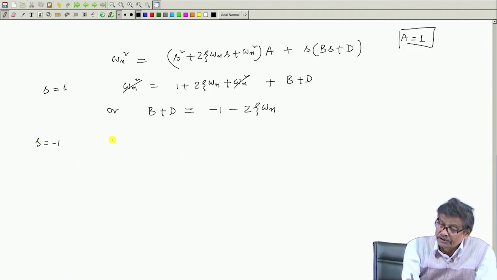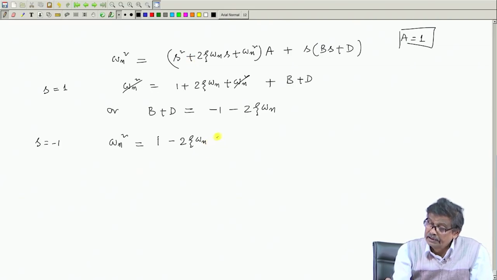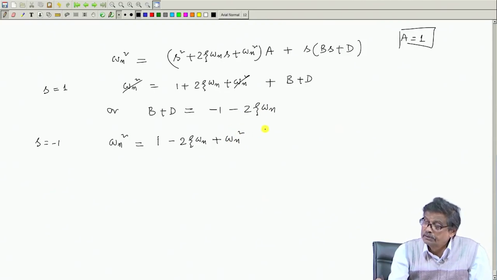If you put S equal to minus 1, it will be omega n square is equal to, this is 1, then this is minus 2 zeta omega n into S equal to minus 1 I have put. So, this plus has become minus and then plus omega n square, and S equal to minus 1 means it is minus 1 outside into minus B plus D. This is the thing.